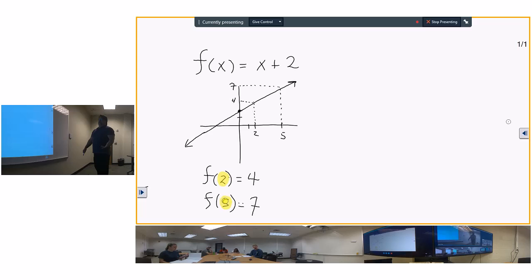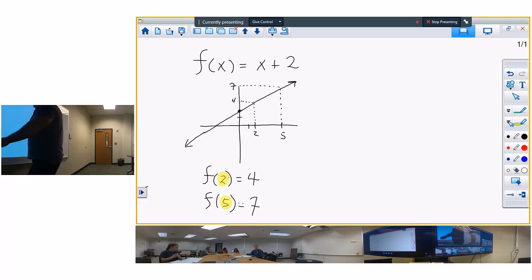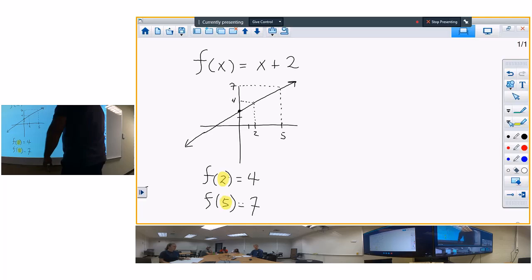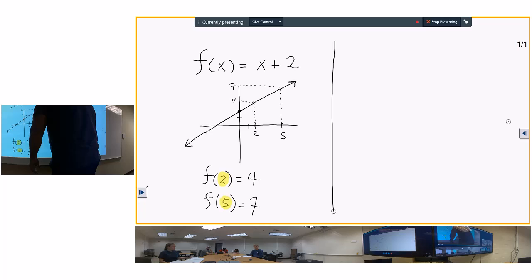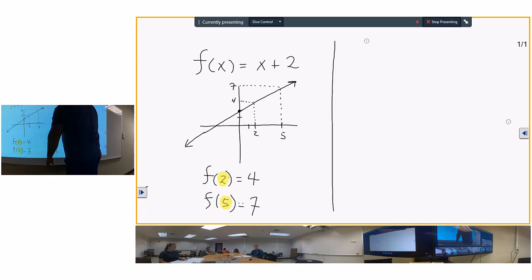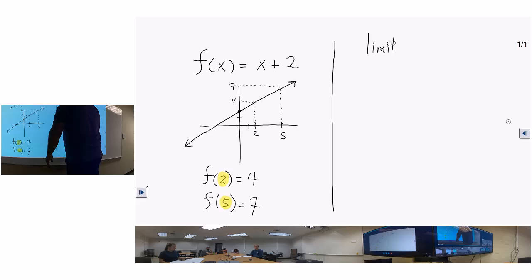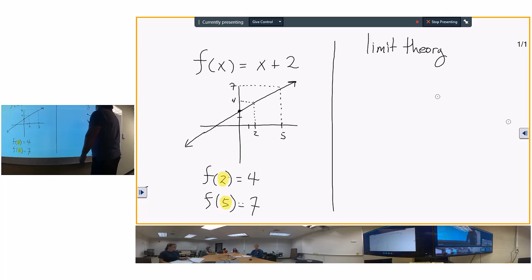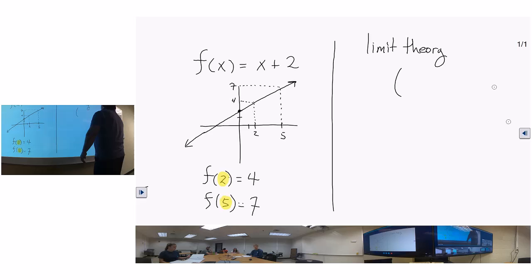The limit theory basically says not that you're on that point, but you are what to that point? The key word when you're talking about the limit theory is you are not on that point, you are what?